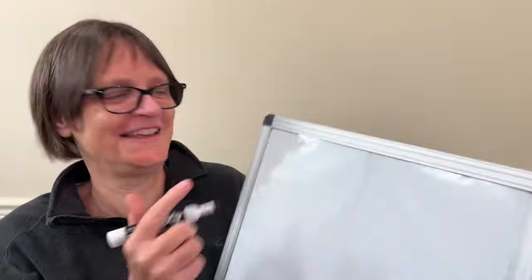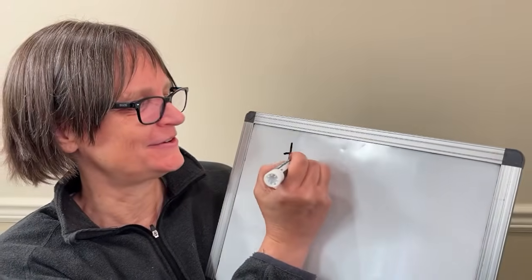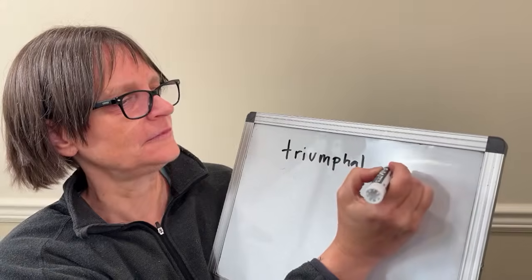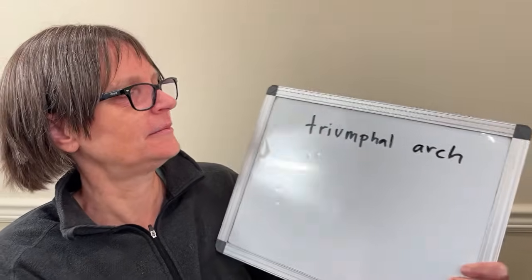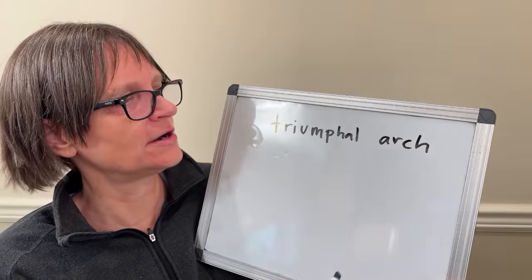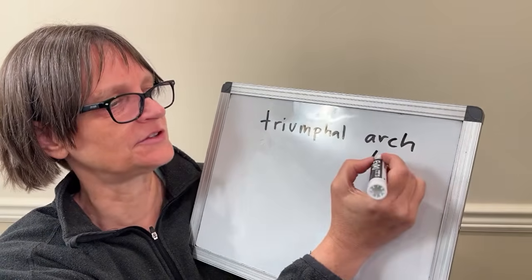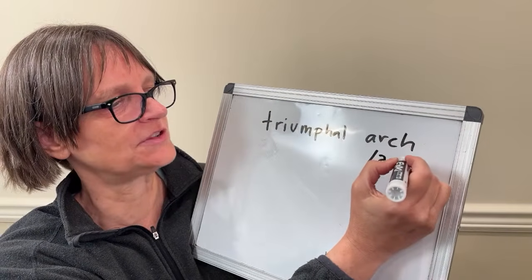Okay, let's talk about, we have a question about triumphal arch. Yes, okay, so triumphal arch. The word arch is pretty straightforward. It has the R and the CH sound, so nothing too strange there.